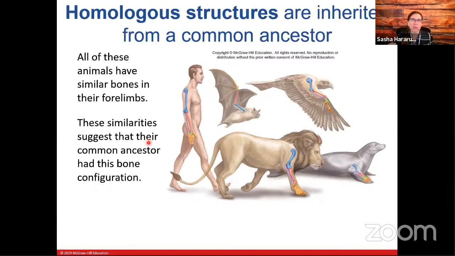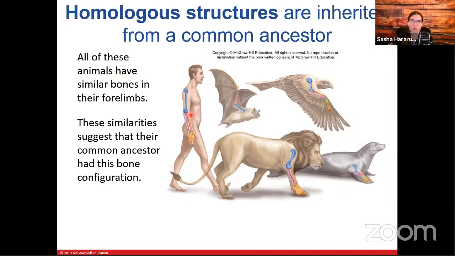The structures that are inherited from a common ancestor are called homologous structures. So the bones in our upper extremity are homologous to those of a bat, a bird, a lion, and a seal. The structure of our upper extremities is basically the same. The structures are considered homologous because we inherited them from a common ancestor.